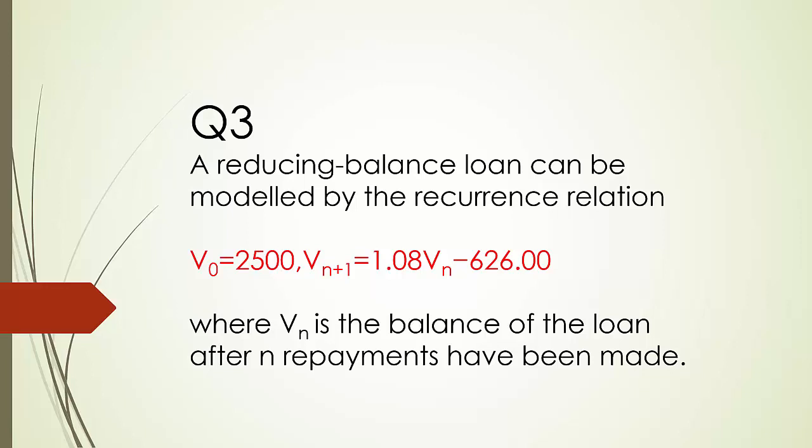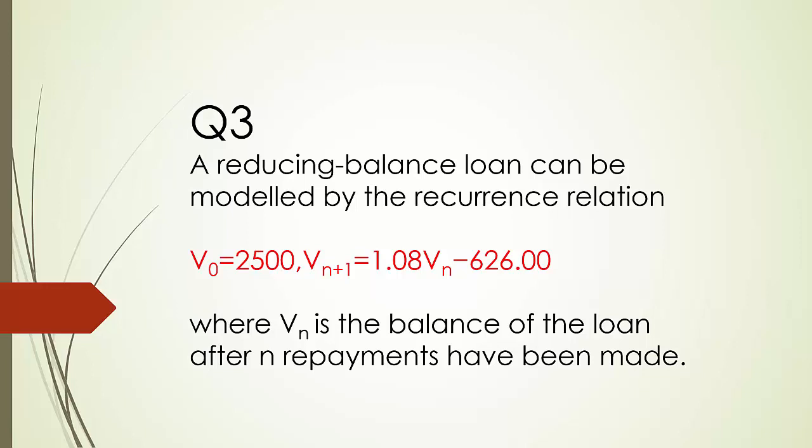Moving on to question 3, this is a way of showing that what we've just done can be modeled by a recurrence relation, which we looked at in a previous chapter. So V0, the starting value of the loan, $2,500, and each succeeding term of the sequence is going to be, in this case, 1.08 times the previous balance.